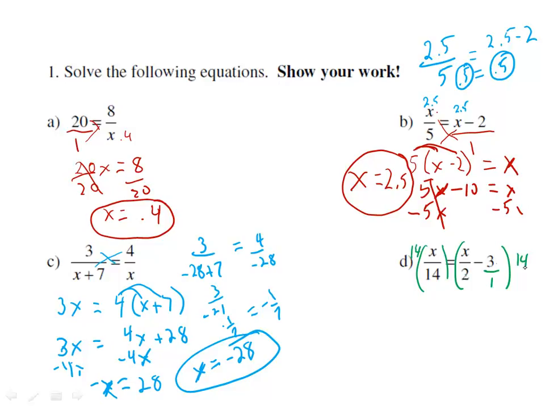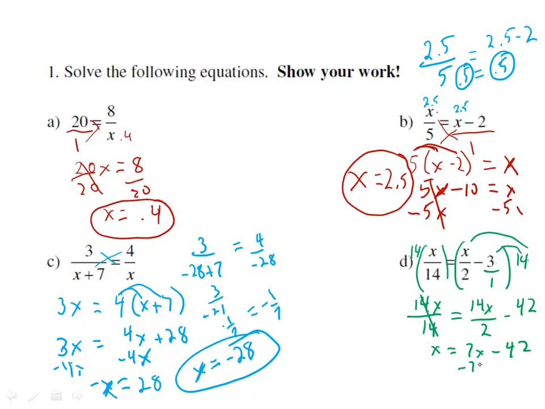So you can see that gives me 14x over 14, 14x over 2, minus, because I have to do this times both these, 3 times 14 is 42. Alright, this reduces, that's just x, and this is 7x equals x minus 42.